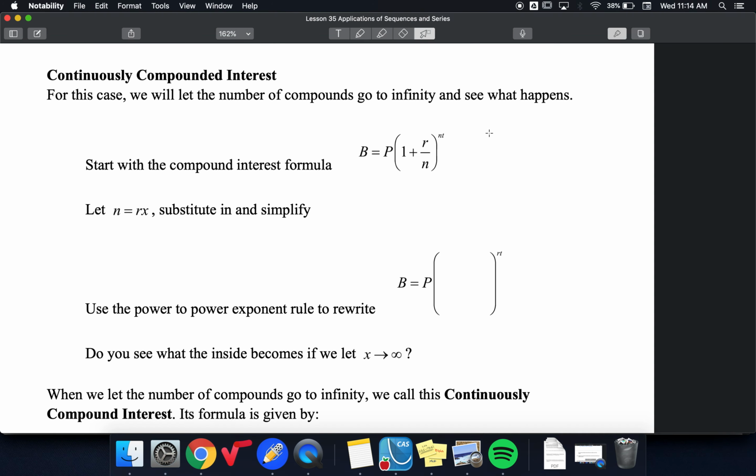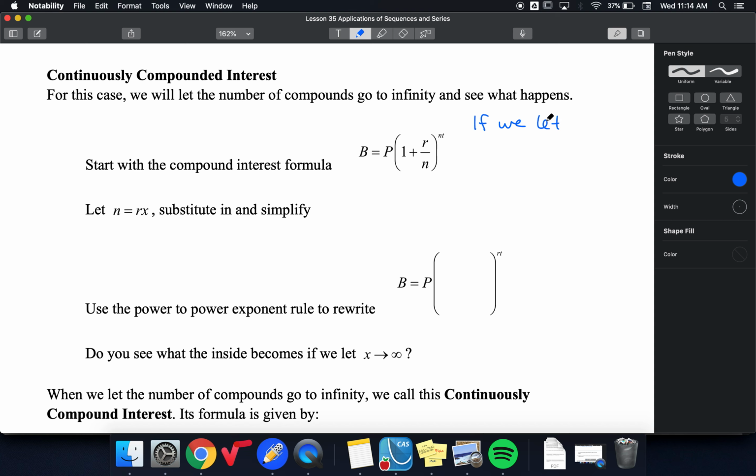If we let x equal r over n, then as x is going towards infinity, this becomes bigger and bigger. So I don't want that. I want to have 1 over x in here. So instead, if we let this happen, then we have trouble.